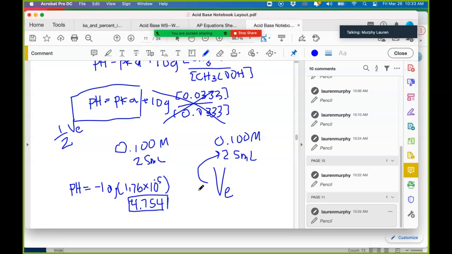What was the pH at the last point? 4.5 something? And now it's 4.7, even though I added more strong base to it.